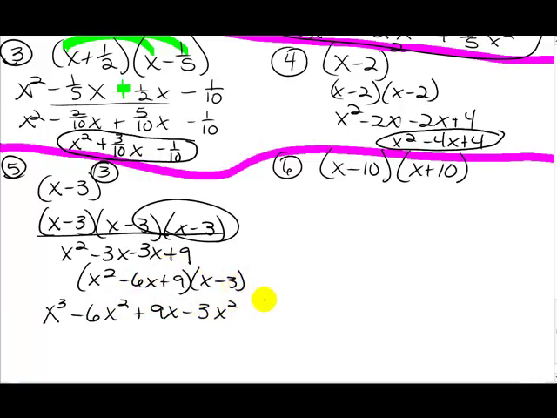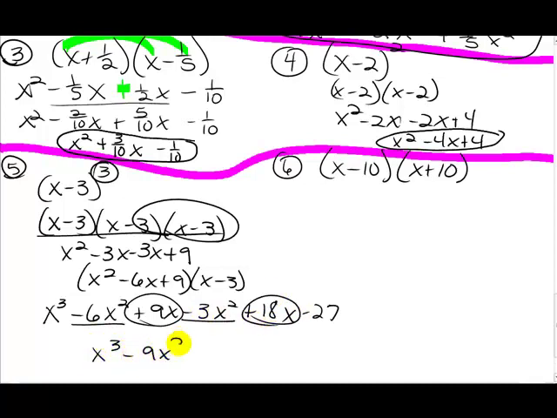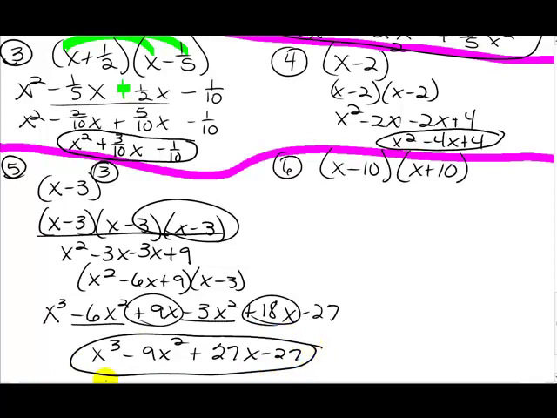Then here that's going to be a plus 18x, and that's a minus 27. There's some x squares, some x's. That's 27x. Okay, be careful with those minuses. Hopefully I didn't make any mistakes in there.